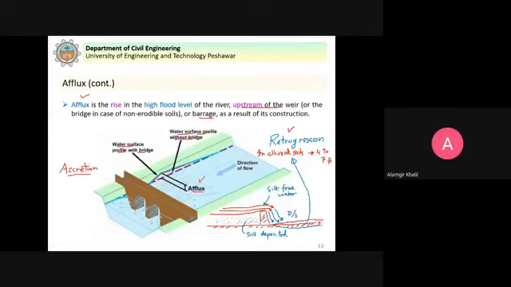So in short, the construction of a weir or barrage will first result in retrogression of the downstream river bed and thereafter accretion. Clear? So you can see that accretion is the reverse of retrogression.